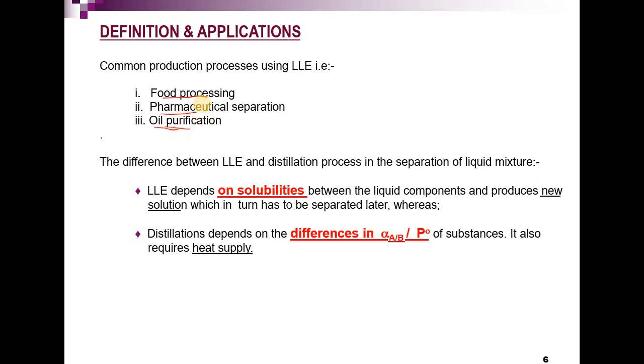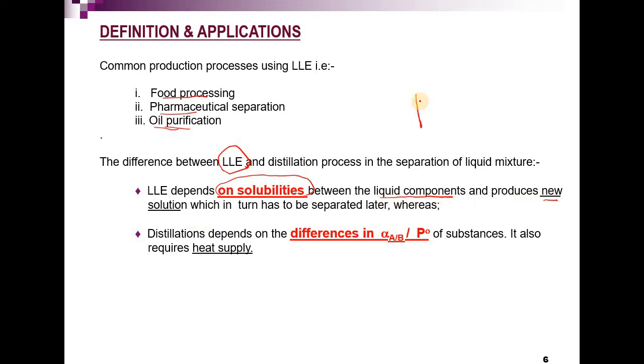Okay, we have learned about distillation, and just now I explained about liquid extraction. So somehow you can see the differences between liquid extraction and distillation. As you can see, liquid extraction depends on the solubility between the liquid components, and it will produce a new solution.